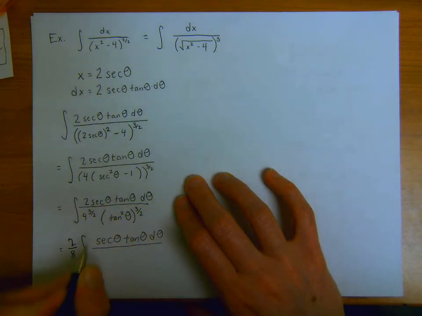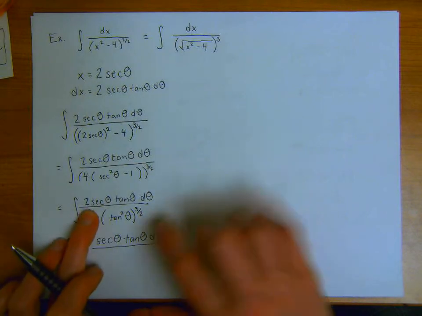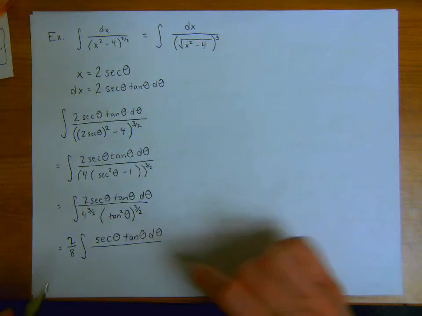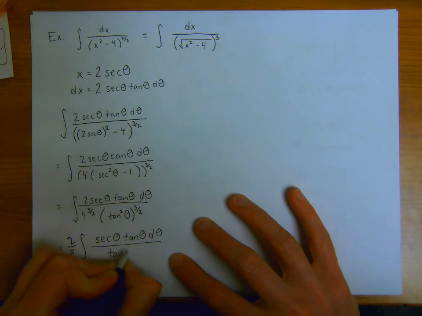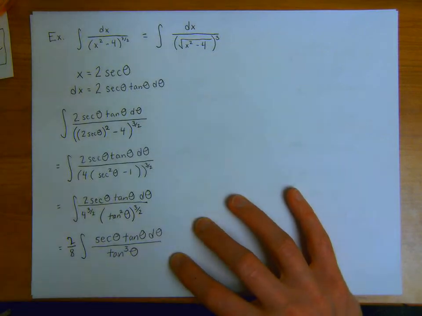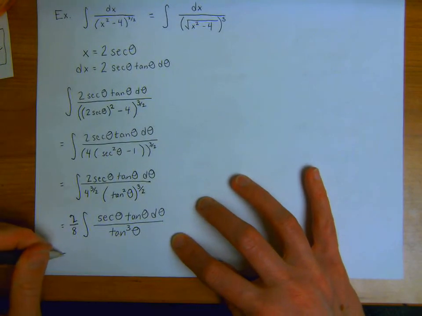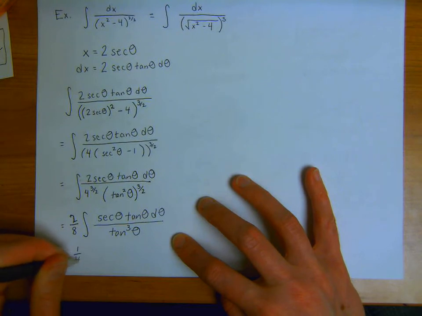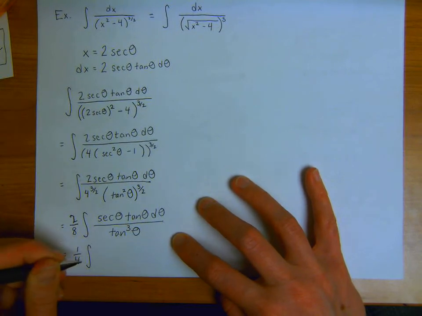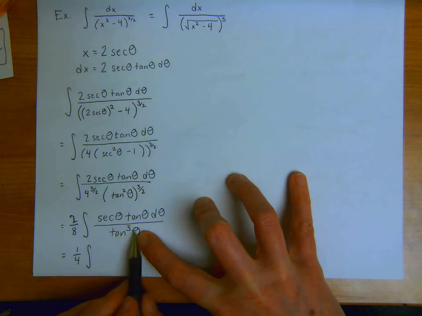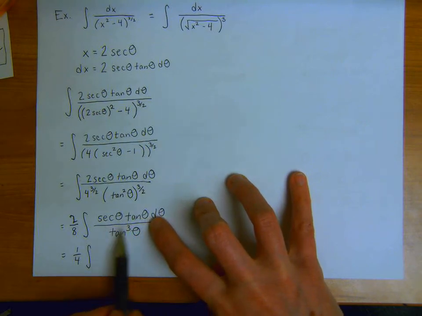The denominator becomes tangent squared, square rooted, so I get tangent to the 3rd. And I can simplify. This becomes 1/4 times the integral of this over tangent to the 3rd.